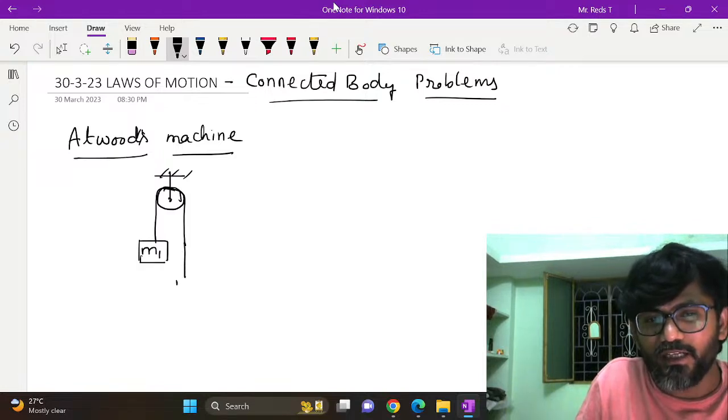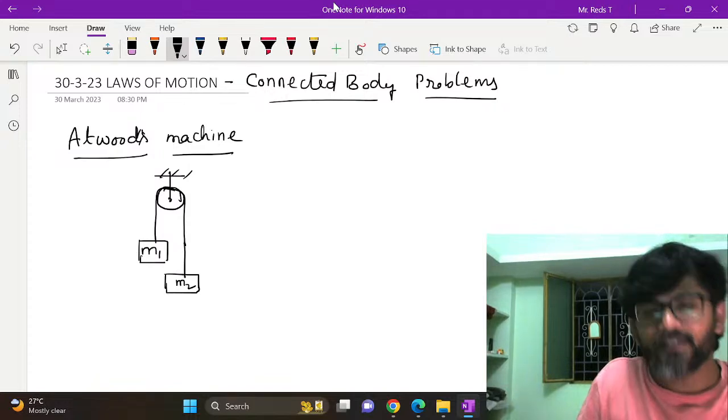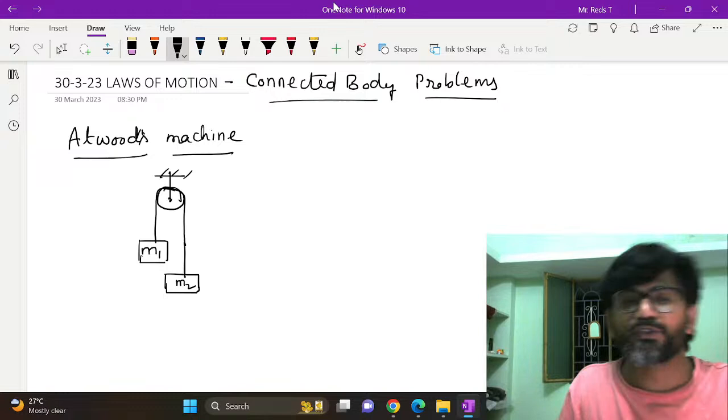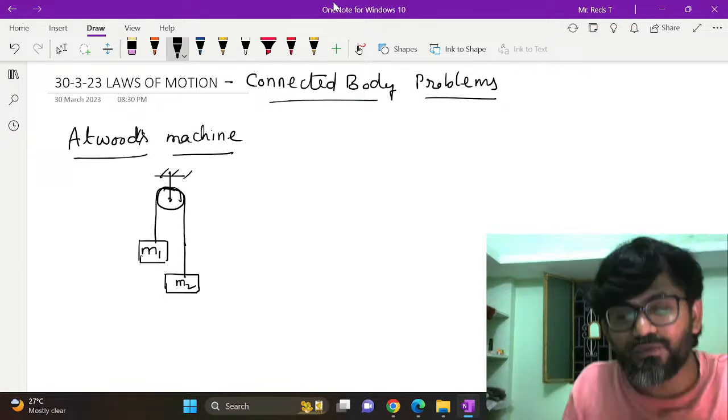To one end a block of mass M1 is connected, and to the other end another block of mass M2 is connected, as shown in the figure. This system is called Atwood's machine.